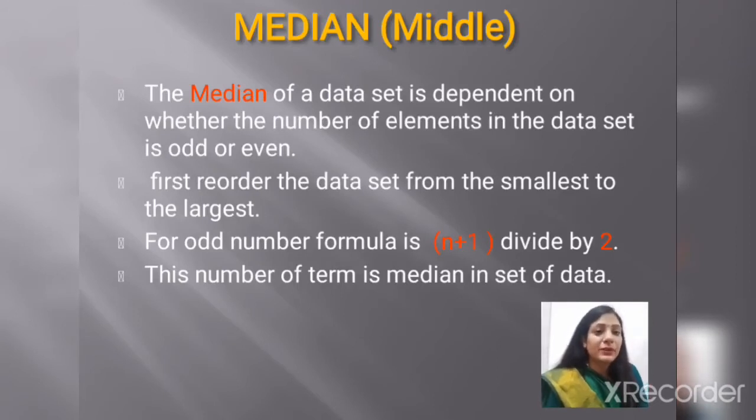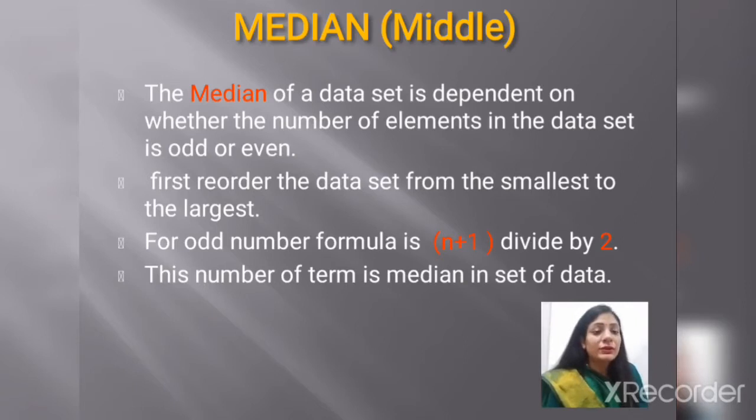Median. The median of the data set depends on whether the number of elements in the data set is odd or even. In this class, we will learn how to find the median if the data set is odd.